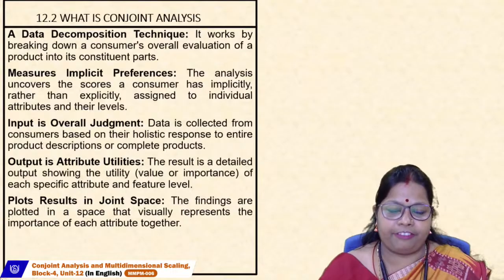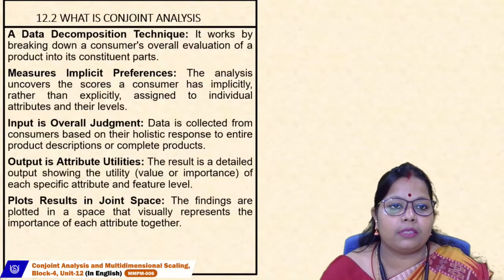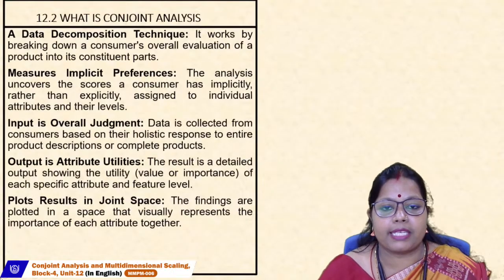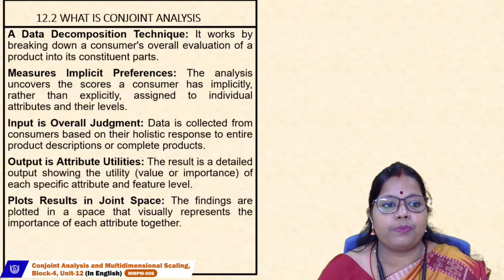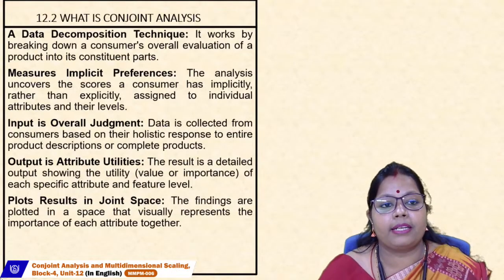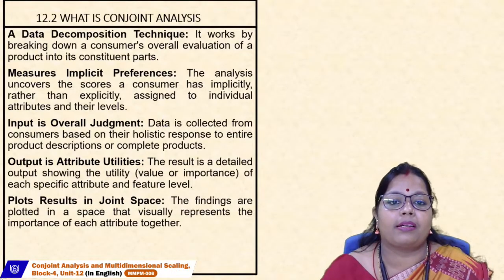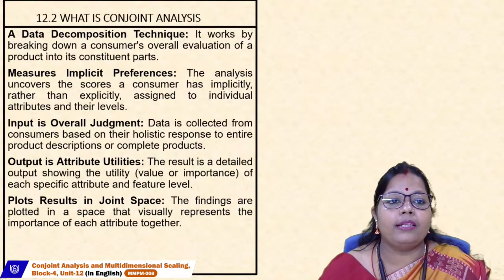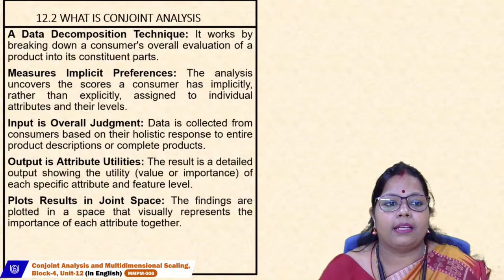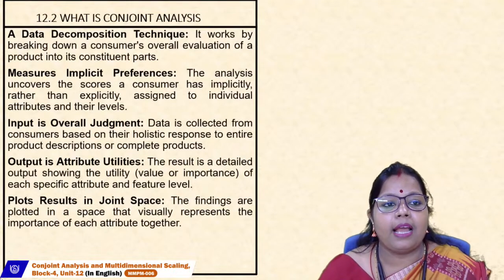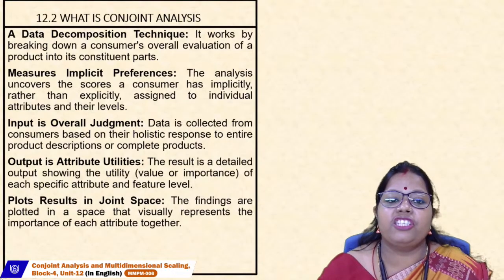Coming to the definition or understanding of conjoint analysis, it is a data decomposition technique, because it works by breaking down a consumer's overall evaluation of a product into its constituent parts. What we are doing in conjoint analysis is decomposing the overall consumer's evaluation data into its constituent parts.